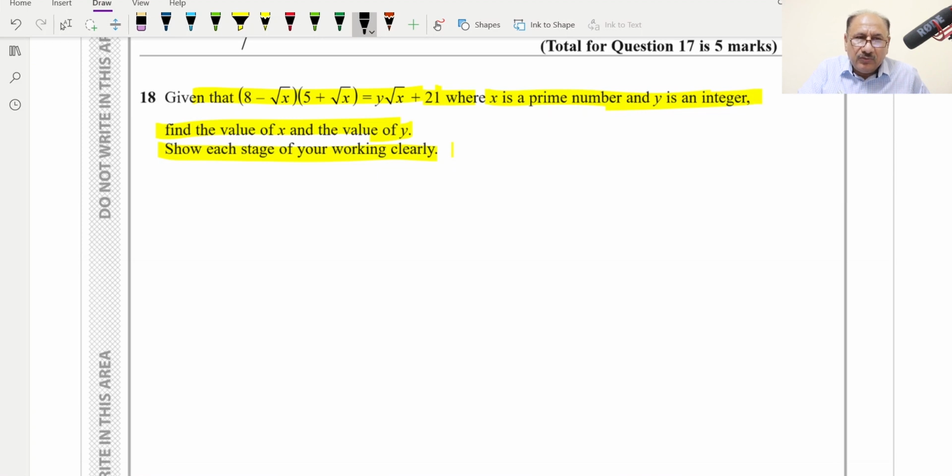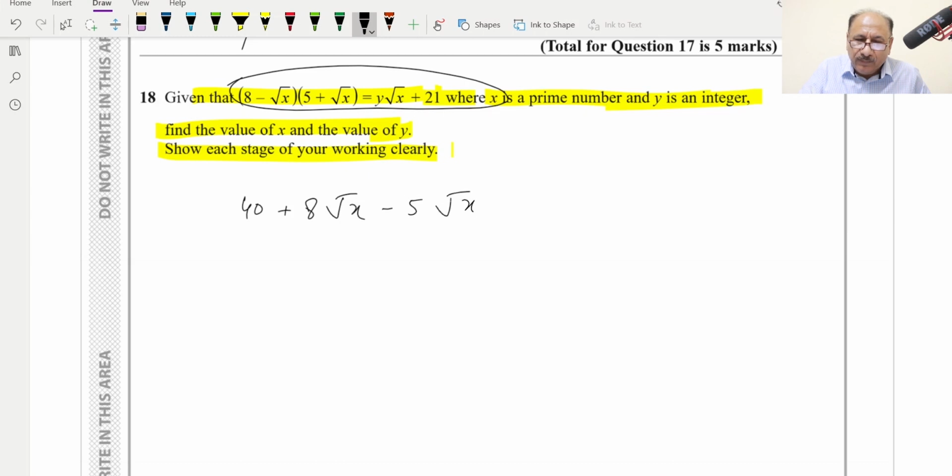So what we can do is open these brackets. 8 multiplied by 5 will be 40, and 8 multiplied by root x will be plus 8 root x, and then minus root x multiplied by 5 will be minus 5 root x, and minus root x multiplied by plus root x will be minus root x squared, which will be x.